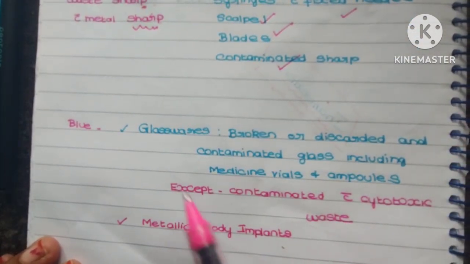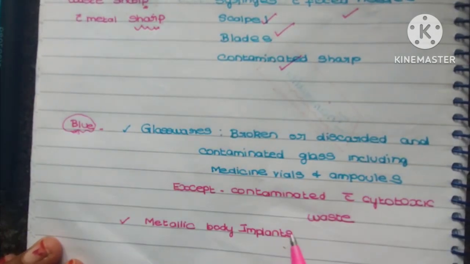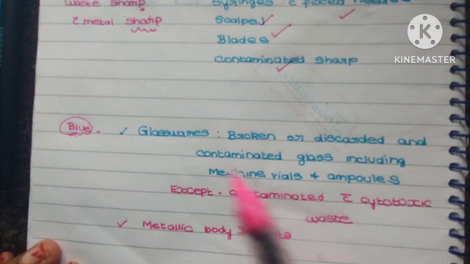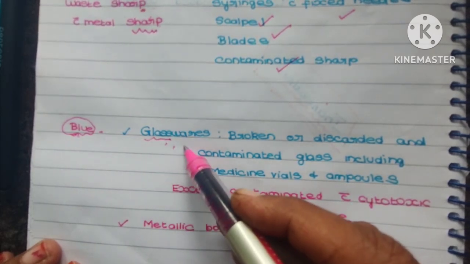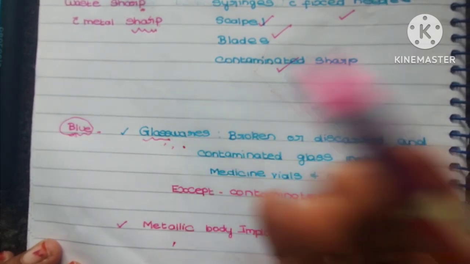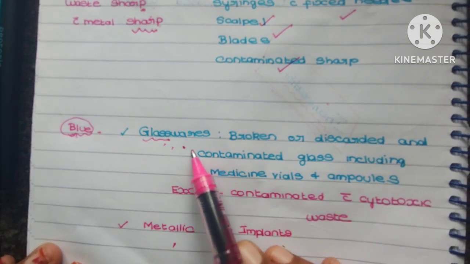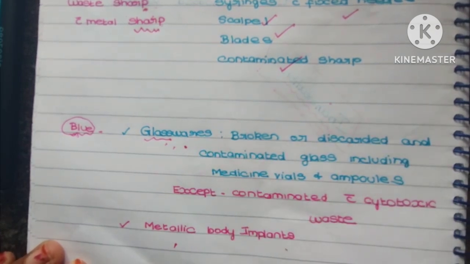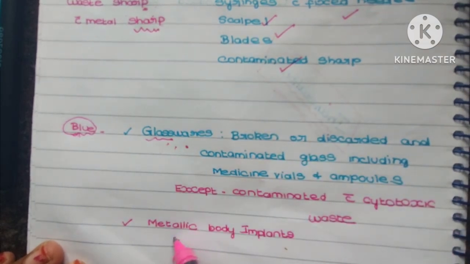You can remember blue like this. If you think of the color blue, there is the sky and there is water. We drink water in a glass, a cup, which can be made of glass or of any metal.